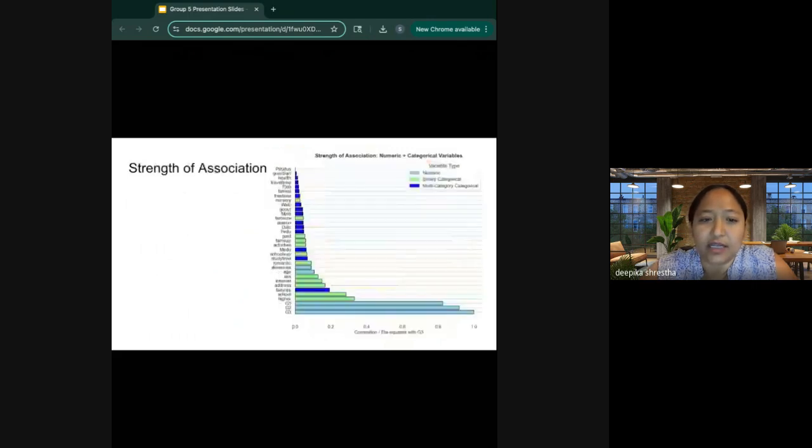Next, we ranked each predictor by how strongly it's related to the final grade. Students who aimed for higher education, attended certain schools, lived in urban areas, and had internet access at home tended to perform better.